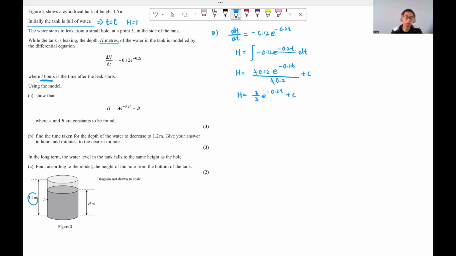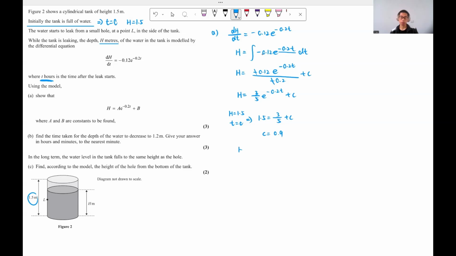So h equals 1.5. Substitute in h equals 1.5 and t equals 0. So 1.5 equals 3/5, and then e to the power 0 is just 1, plus c. So c is equal to 1.5 minus 3/5, which is equal to 0.9.